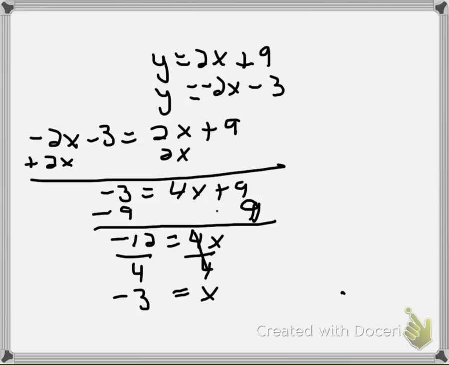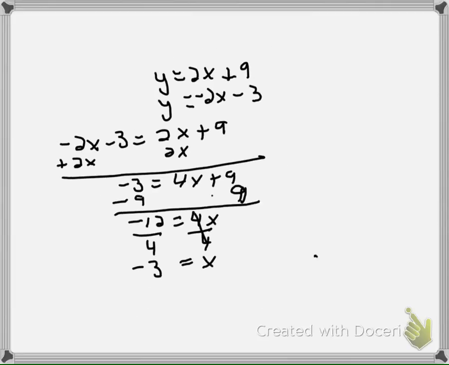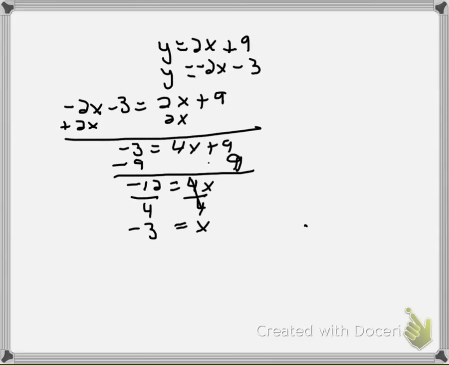I'm not done yet, I have to solve for y, so I'm going to shrink everything for a second. A little bit more room here. And so I'm going to put this negative 3, and again, this is all about substitution, back into either of the equations, but I'm going to use this one to solve for y. So y equals 2 times negative 3 plus 9.